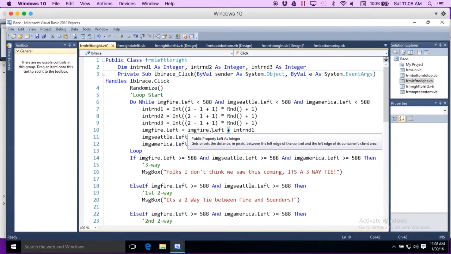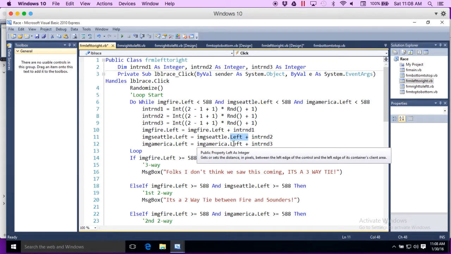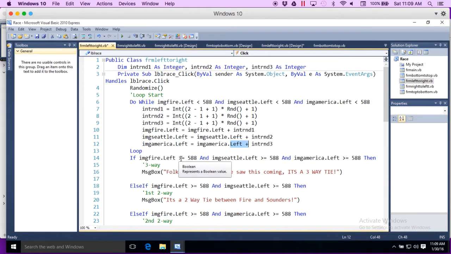Plus, so right here, dot left plus, that's how you move to the right. Dot left minus was moving to the left. And now, who are the winners? Well, now you use greater than or equal to in all of your if statements. That's the first one that got to the finish line or passed it on the right side. So they're the complete opposite. These were less thans up here.